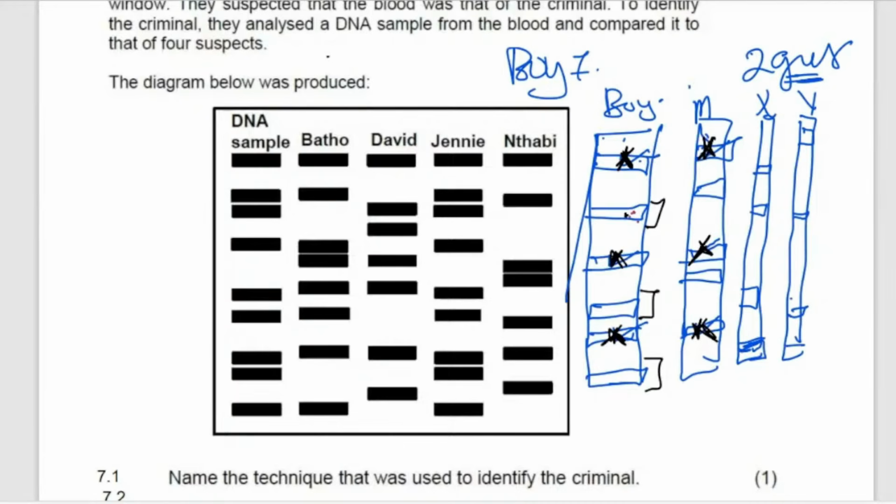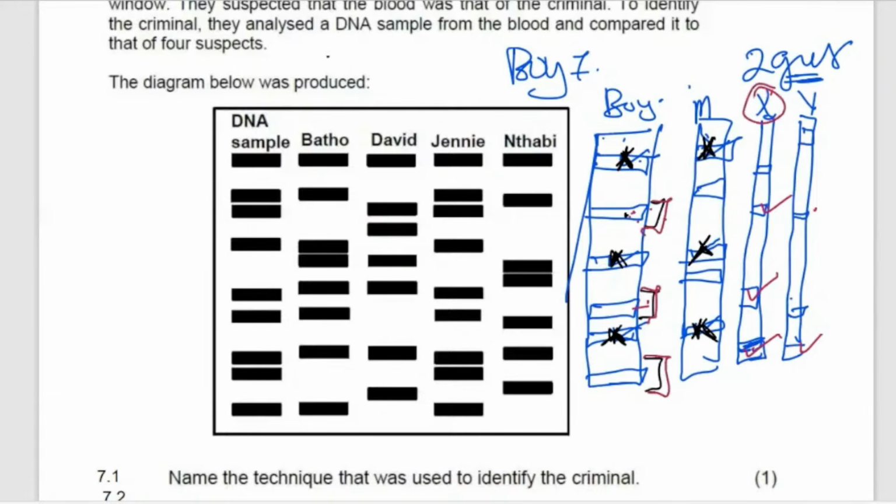This bar corresponds with this, and this bar corresponds with this and this. However, this one and this one did not match with it. So all the remaining bars have corresponded with guy X. Therefore, guy X is the father.